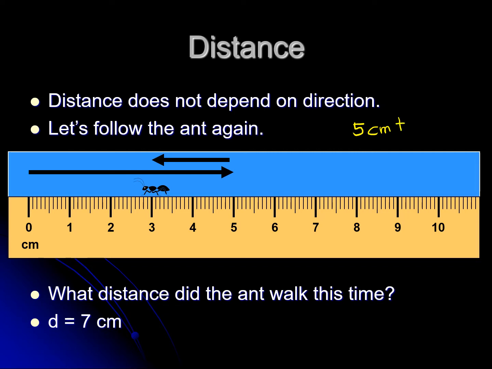And then from 5 cm, the ant moved again to the left by another 2 cm, because 5 cm to 3 cm, or 5 minus 3, is 2 cm. So 5 cm, and the ant moved again another 2 cm. That means the total is 7 cm. That's why the distance is 7 centimeters.